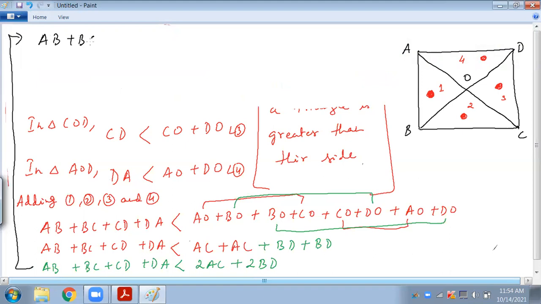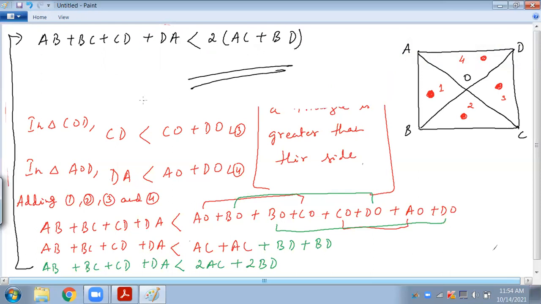AB plus BC plus CD plus DA is less than, on the right hand side we have two in each, so we can take two common. We'll get 2 times AC plus BD. And that is what we were asked to prove. Hence proved.